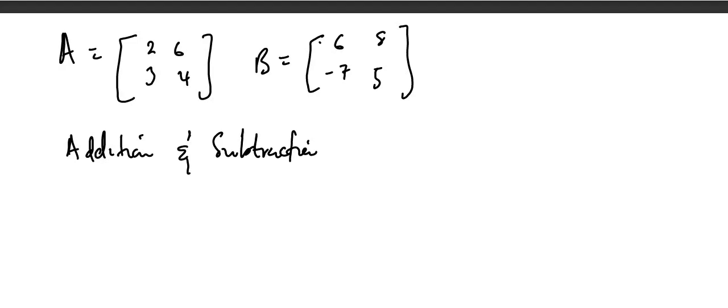The condition for carrying out addition and subtraction is that the matrices you're dealing with need to be of the same order, implying the number of rows and columns have to be the same. This is a 2 by 2 matrix, and this is also a 2 by 2 matrix, so we are able to add them.